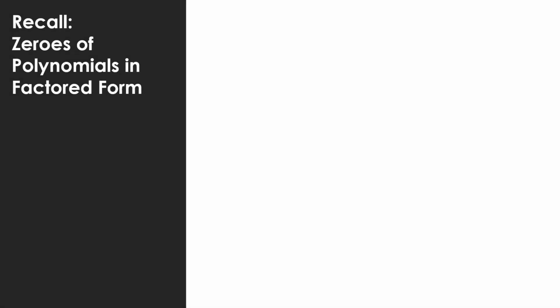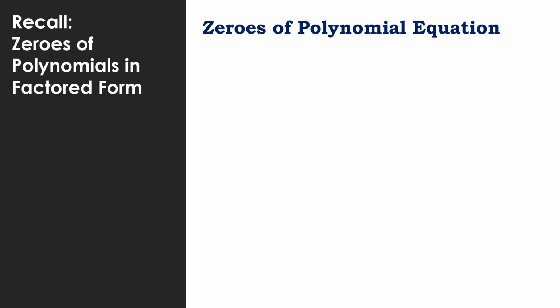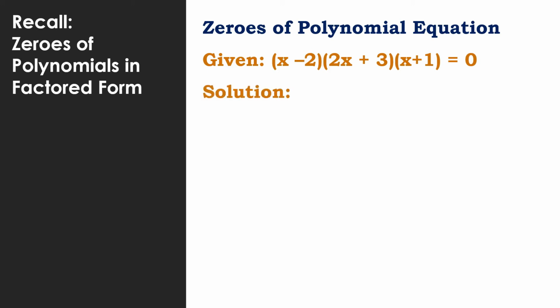Before we proceed to our next topic, let's have a recall about zeros of polynomials in factored form. Zeros of the polynomial equation given as the quantity of x minus 2 times the quantity of 2x plus 3 times the quantity of x plus 1 equals 0. Solution: using the zero product property, x minus 2 equals 0.